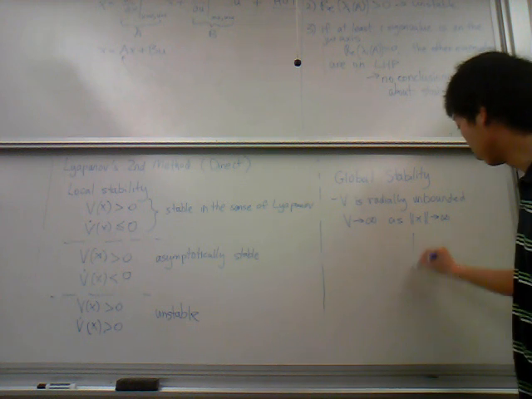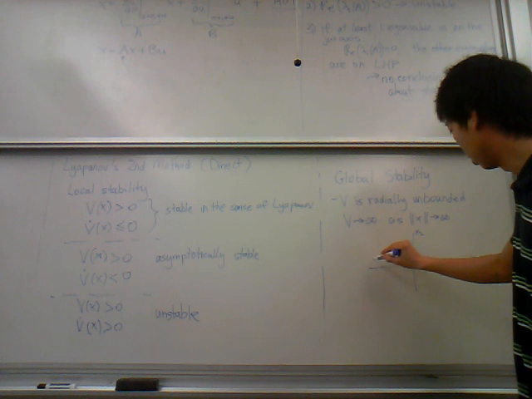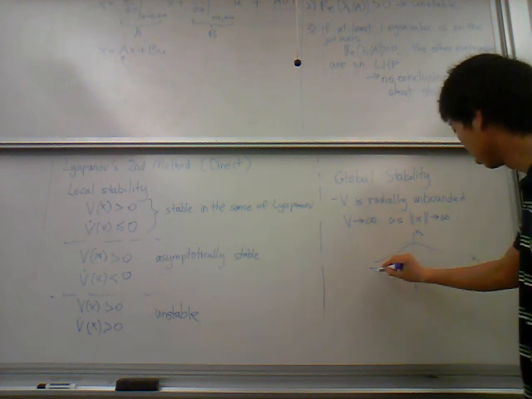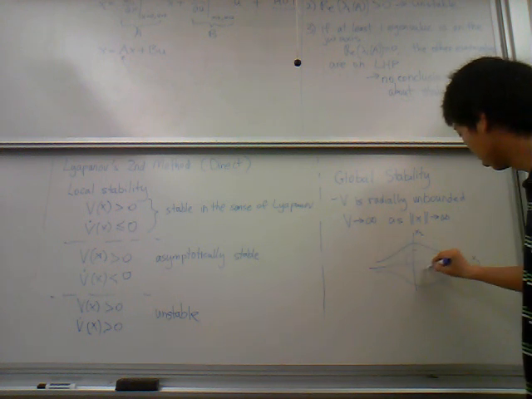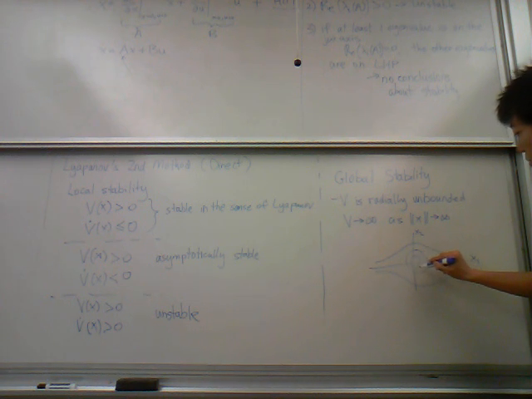And that prevents situations like this, where, if this is our contour of V, let's say here we have a locally stable region.